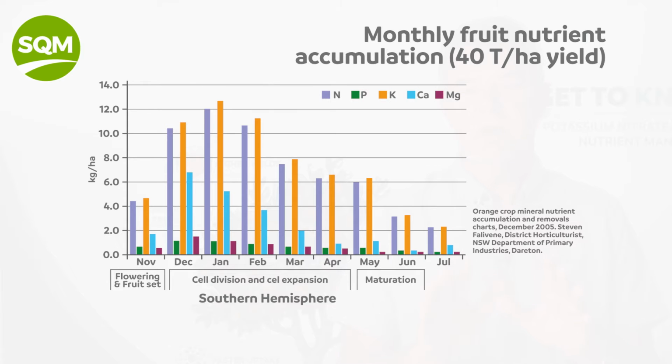But what is apparent from this is that all your nutrients are taken up primarily in the first half of the physiological stages. Your fertilizer also needs to get to the root zone, so one needs to put the fertilizer on even before this period. And from graphs like this, you then determine your recommendations and your split of nutrients.